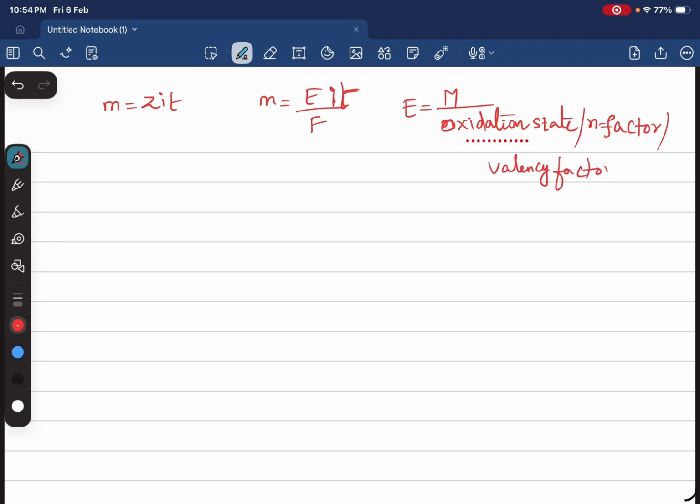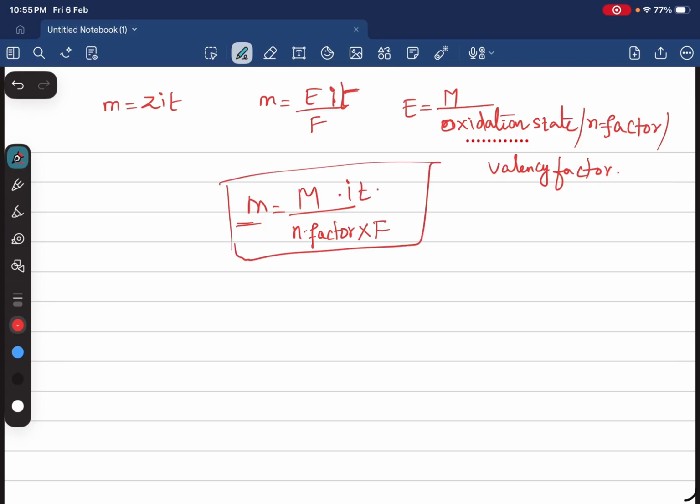So what can be written in the place of E? Small m equals M by N factor into F into IT. This is the formula for mass of metal deposited.